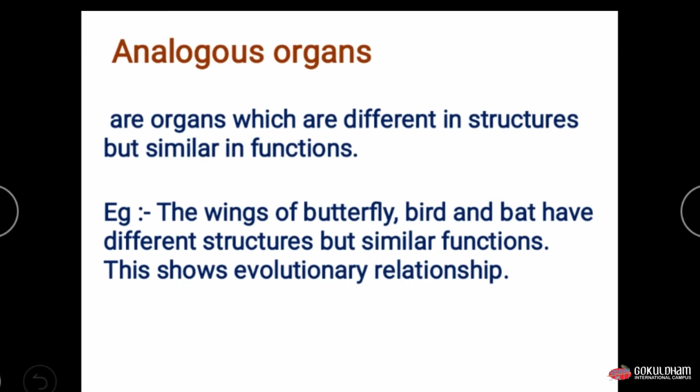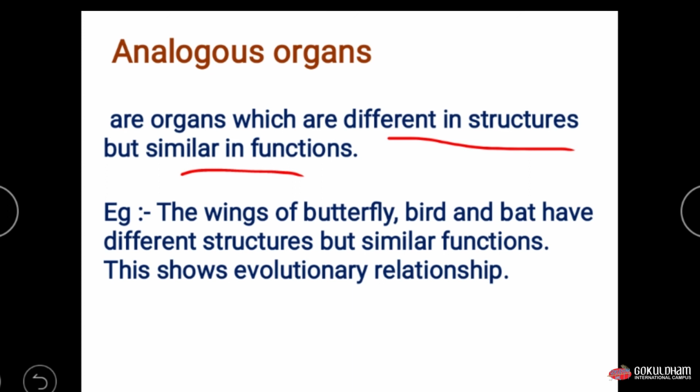Now another type of organs, the analogous organ. The analogous organs are those organs which are different in structure but similar in function, which means the organs which have different structure but similar function. ऐसे organs जो कि structurally different होते हैं but functionally similar होते हैं, ऐसे organs को हम analogous organ बोलते हैं.